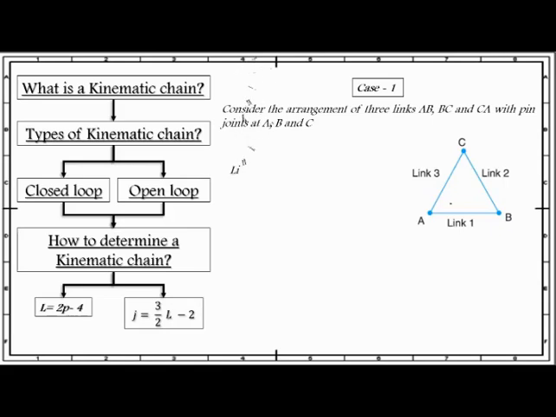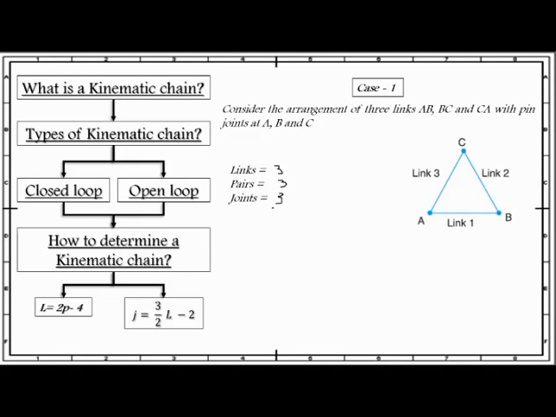In this case, there are three links, link 1, link 2 and link 3. How many pairs are there? AB and BC 1, BC and CA 2 and CA and AB 3. So there are 3 pairs and 3 links. And how many joints are there? Joint A, joint B and joint C. So there are 3 links, 3 pairs and 3 joints.